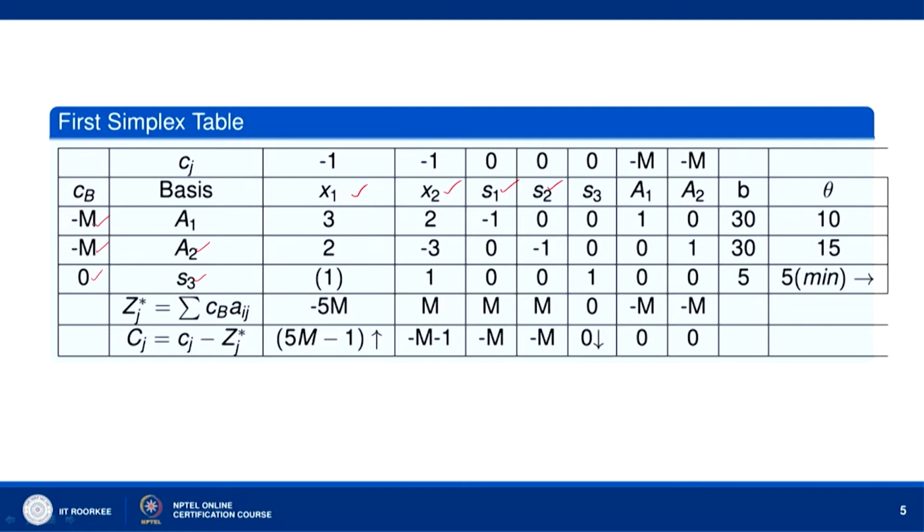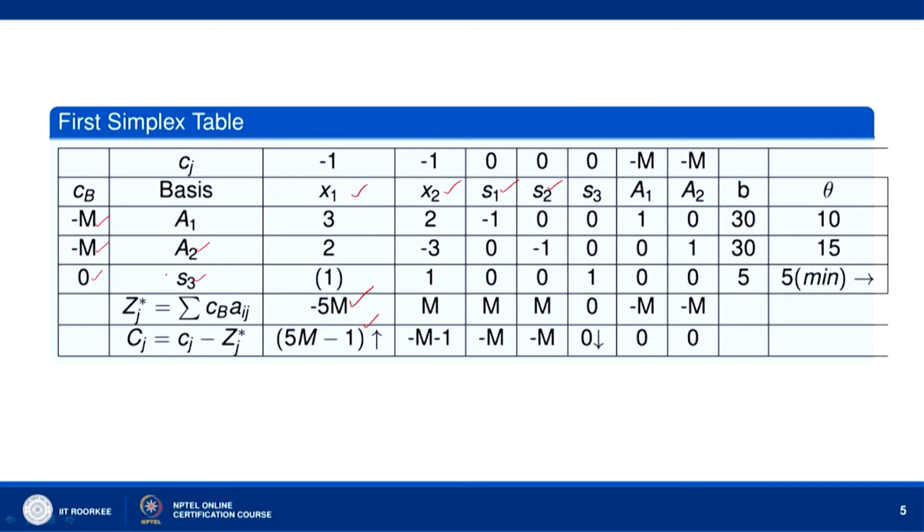So, we multiply the CB column by the column x1 and get z1 star, for j equal to 1. So, z1 star will be -3M - 2M + 0 into 1 is 0. So, we get a total of -5M. Okay. And capital Cj is small cj minus zj star. So, from this cj value we subtract zj star, and we get 5M - 1.